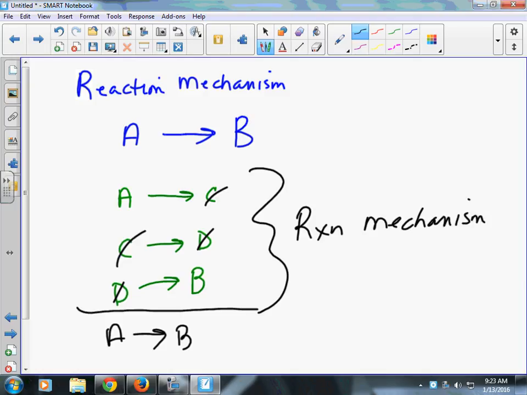The reaction mechanism is a series of steps that occur to yield a chemical reaction, a chemical change. Okay? All right. These things that I crossed out are called intermediates.